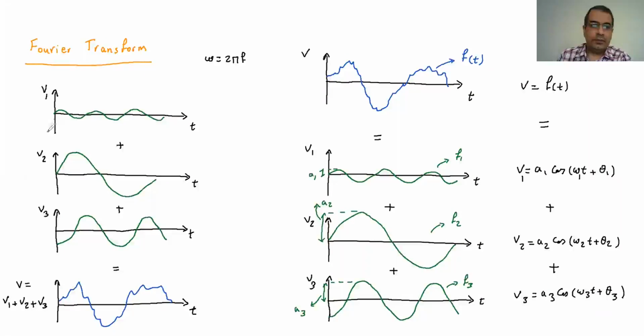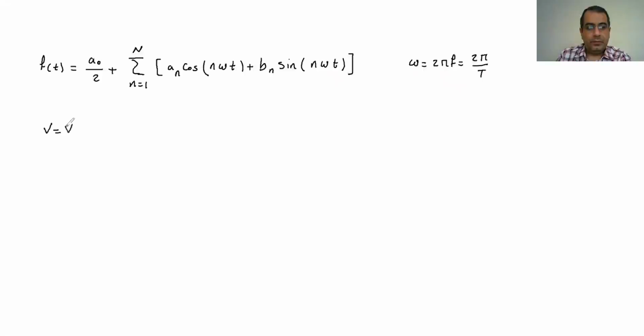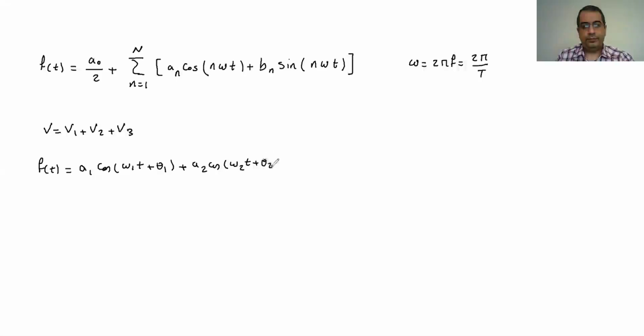So v is v1 plus v2 plus v3, and v is f(t), the function of time, so it's going to be a1 cosine(omega 1 t plus theta 1) plus a2 cosine(omega 2 t plus theta 2) plus a3 cosine(omega 3 t plus theta 3).